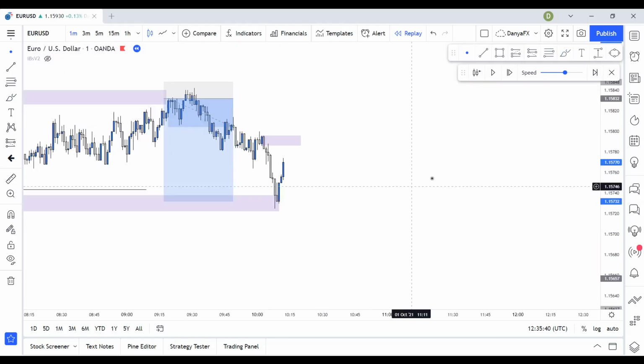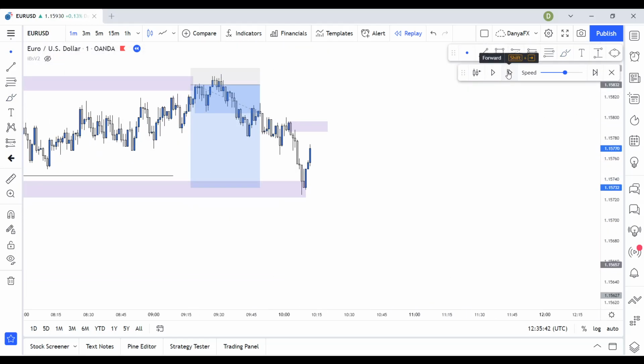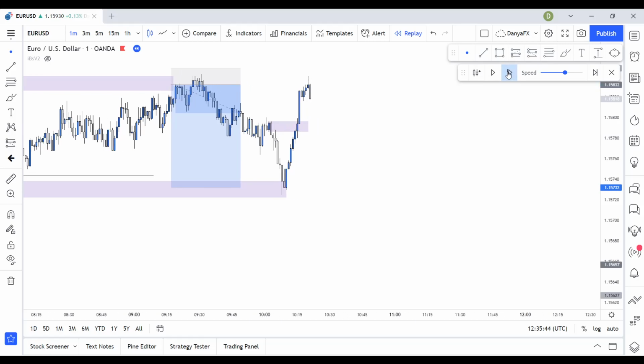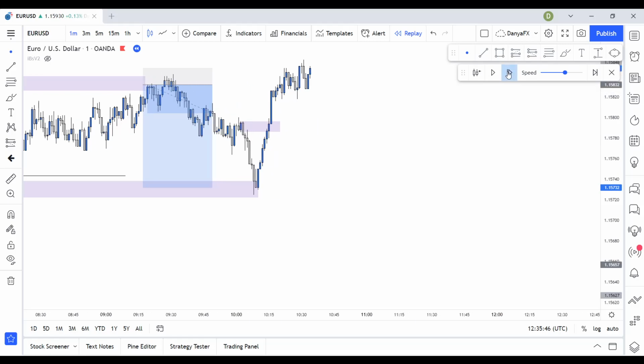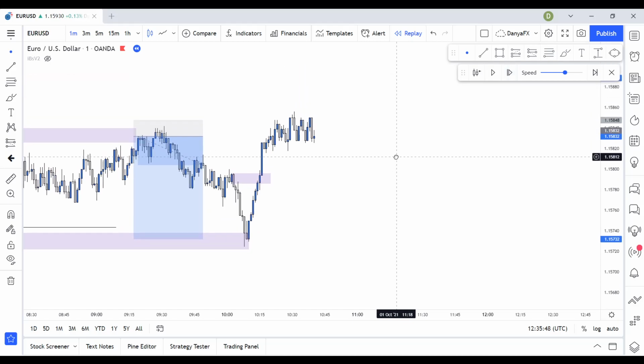So what happens next is that this supply probably gets demolished, which creates another demand that is not likely to play out a role in this situation because the price is too far away from that.